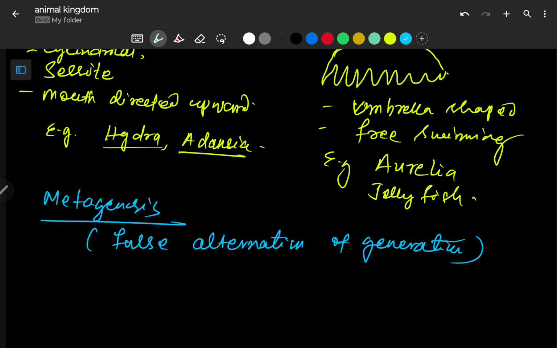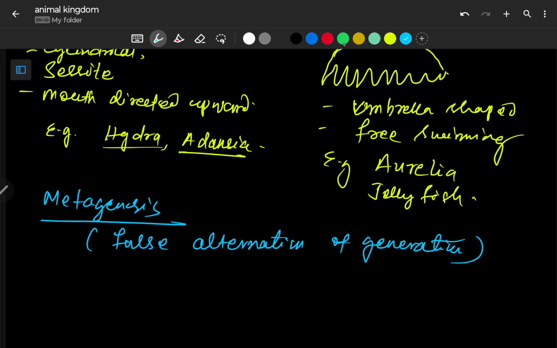Because here the polyp and the medusa, we know that the medusa reproduces sexually and polyp reproduces asexually. Okay, but here both the forms are diploid. Okay, both sexual and asexual phases are diploid.